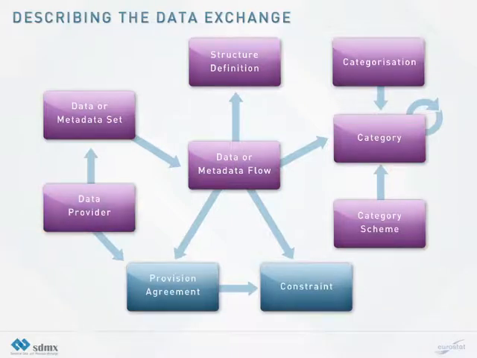The data provider, who can provide data or metadata sets for many data or metadata flows according to a provision agreement. The provision agreement specifies the content of the data provision. The constraint, which can restrict the data exchange at the data or metadata flow level or the provision agreement level.